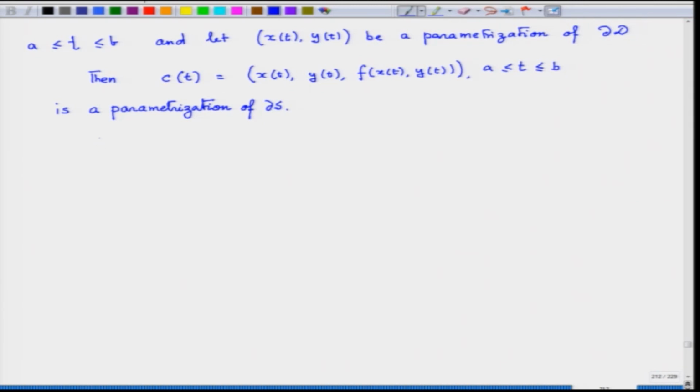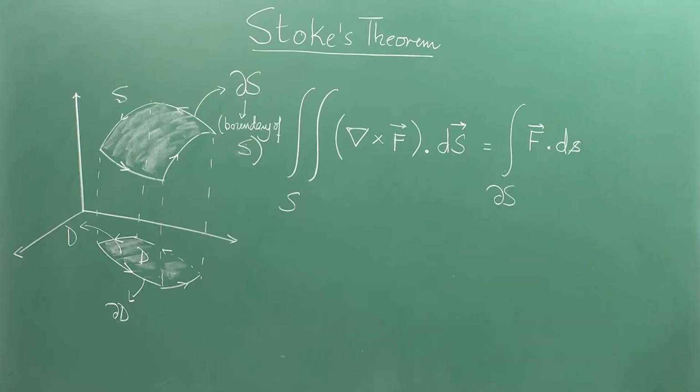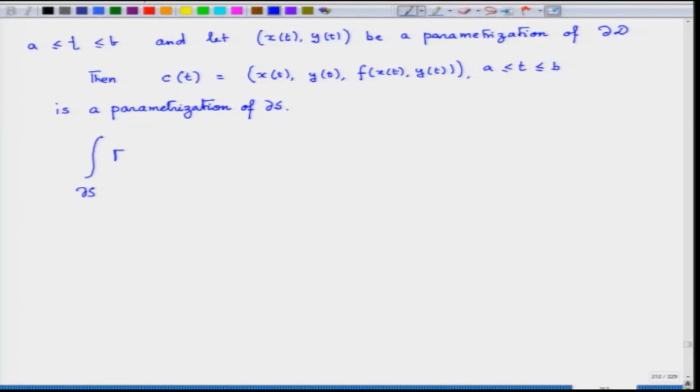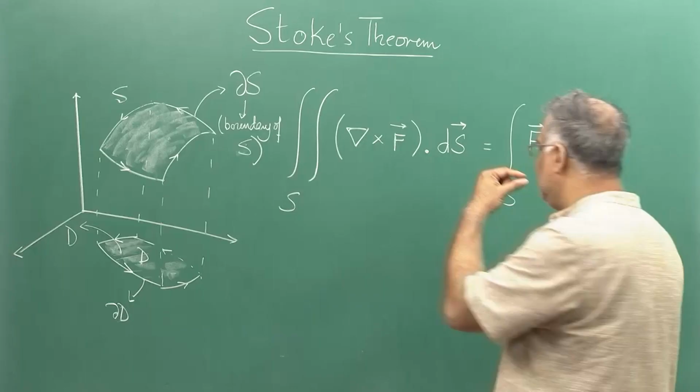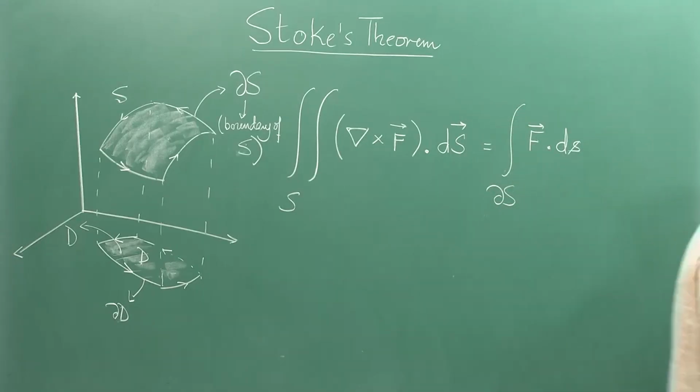Now let me look at this quantity itself. Here S is the arc length on del S. And ds here is dx i vector, dy j vector, dz k vector.